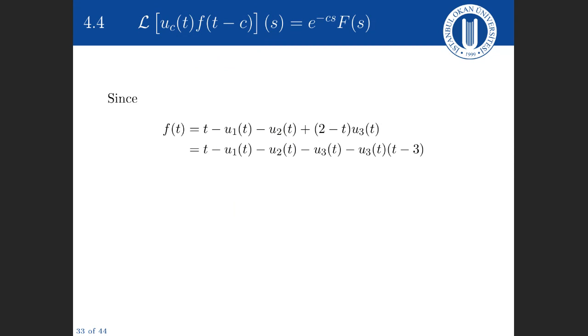I'm writing my function like this: t minus u1 minus u2 minus u3 t minus 3. Now I can use the formula at the top because I have the number 3 and the same number, the number 3.